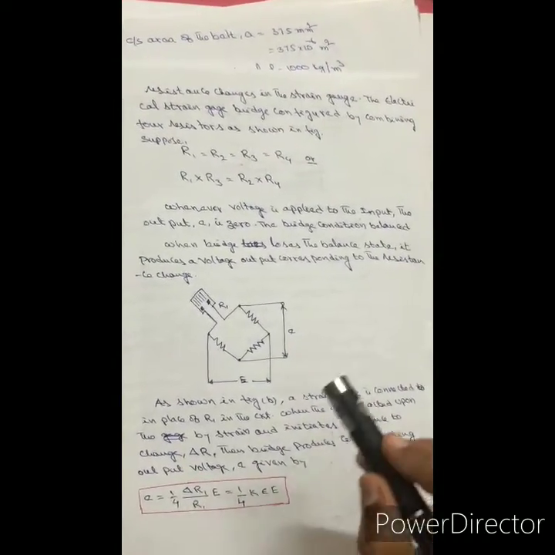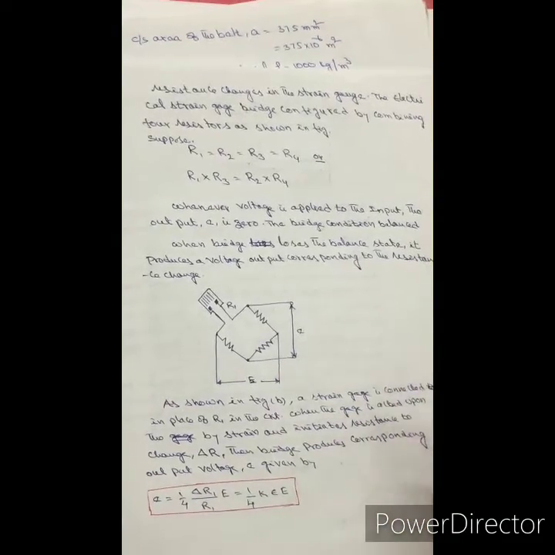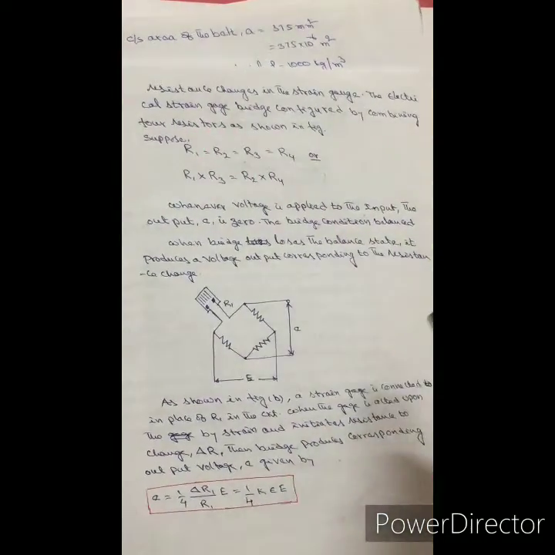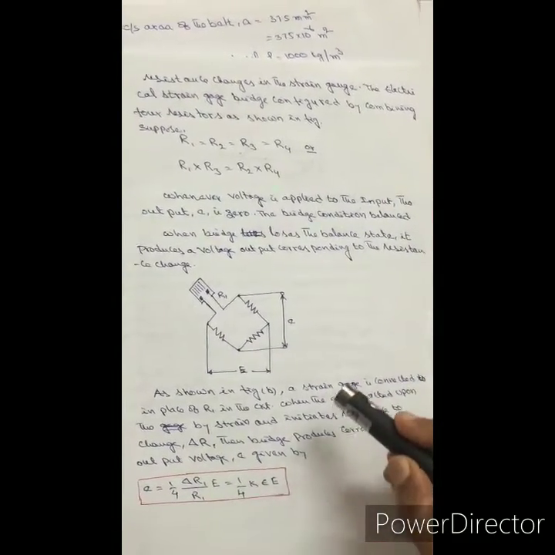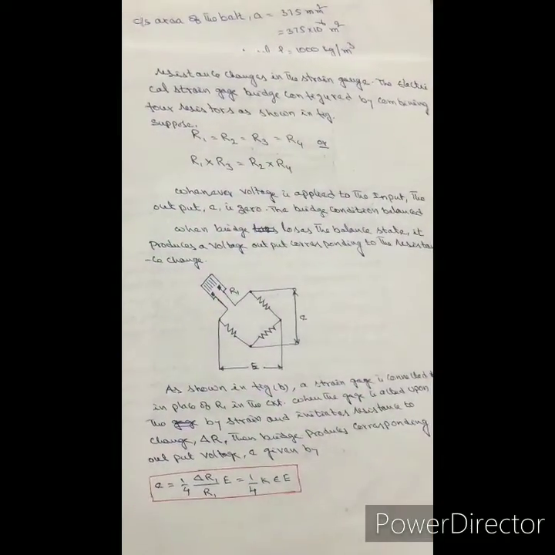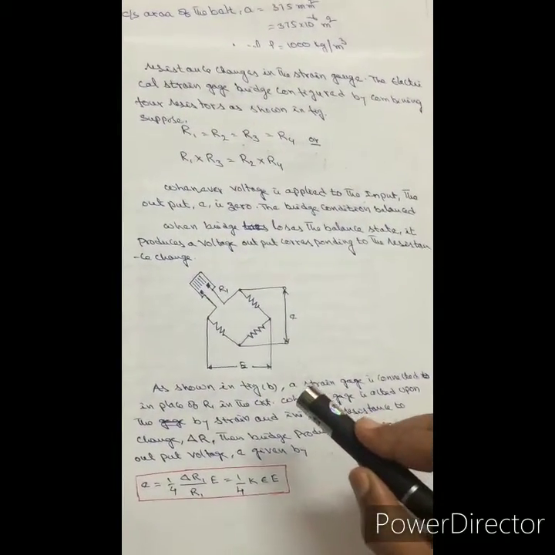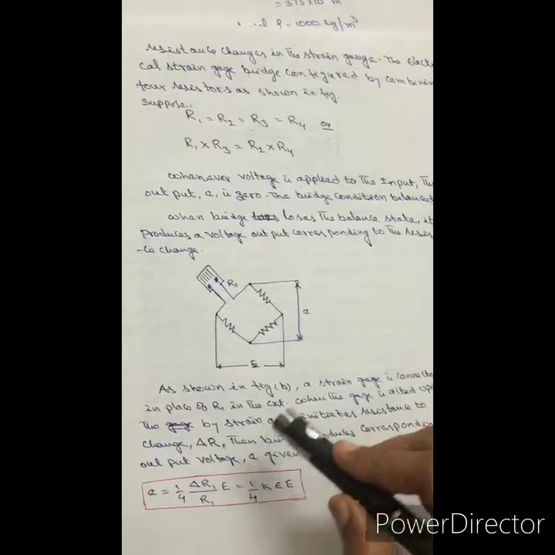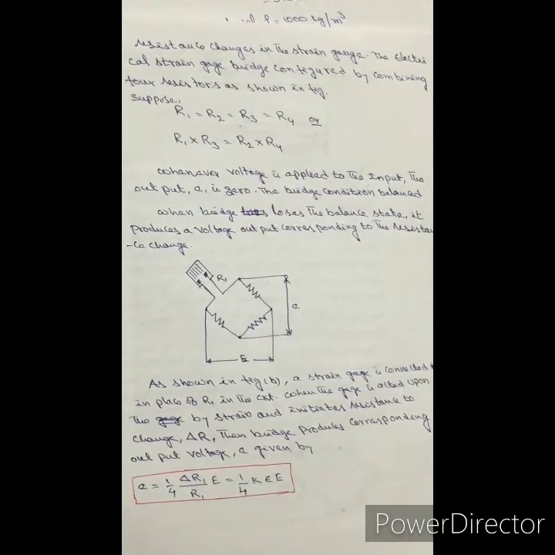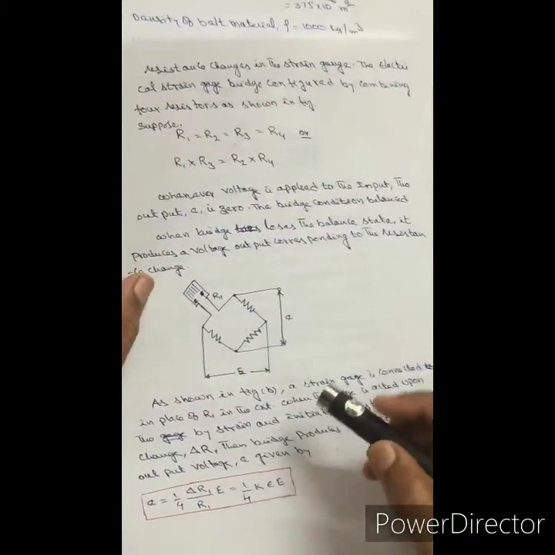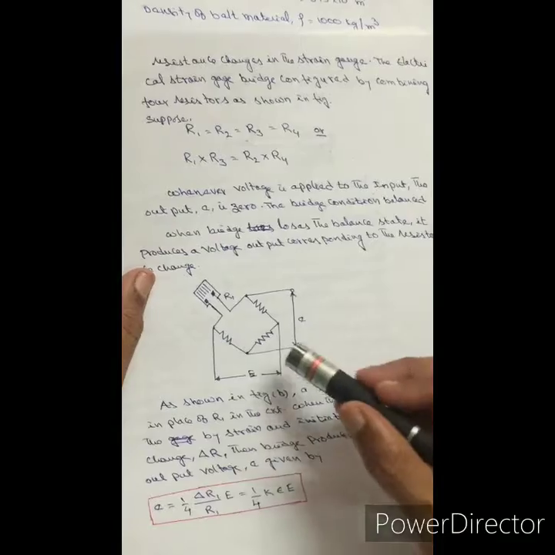We already saw this in the load cell. Now consider R1, R2, R3, R4: the 4 resistances are the same, and R1 into R3 is equal to R2 into R4, as we know very well. In the Wheatstone bridge electrical strain gauge, at R1 we attach one resistance, and at R2 also we attach one resistance.